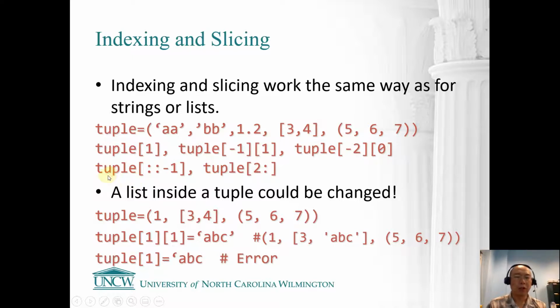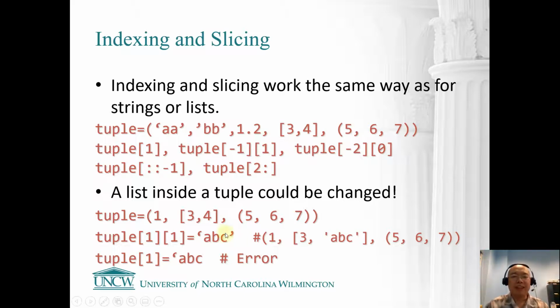Okay, and what is this? So for the tuple, we have one colon, we have another colon. What is that? That is a slice, right? And for this slice, we didn't specify where to start, we didn't specify where to end, and we just do a negative 1 as the step size. So what is that? That is the entire tuple flipped, or entire tuple reversed.